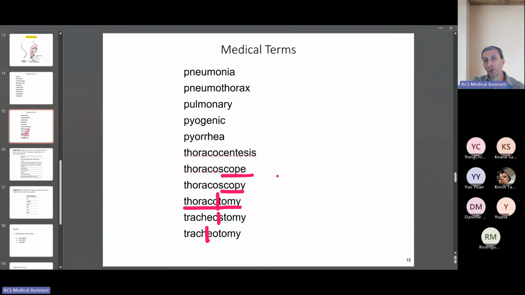These terms tend to kind of throw you a little bit off. So scope, instrument, this is the process of visualization using that scope. Tomy, remember, this is making an incision. Stomy, making a hole, making a new opening.